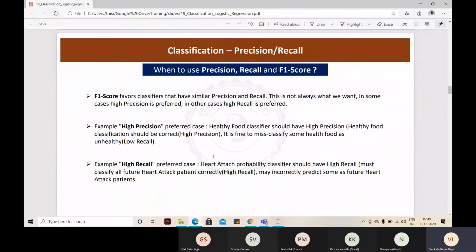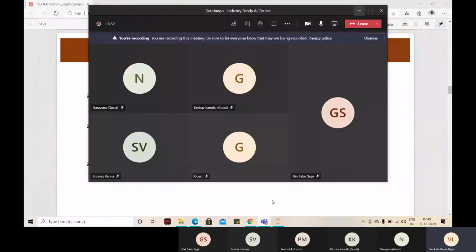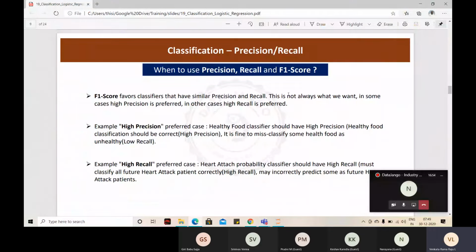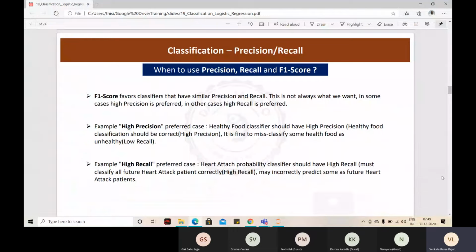So when do you need high precision and when do you need high recall? Sometimes we may need high precision and sometimes we may need high recall. F1 score favors the classifier that has similar precision and recall.